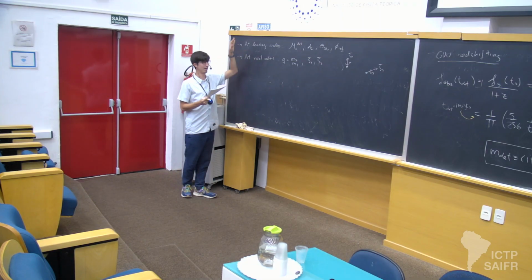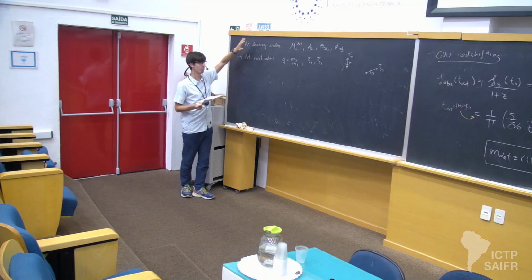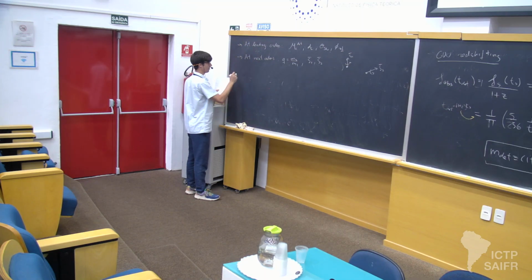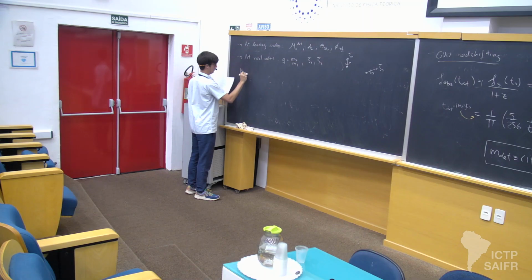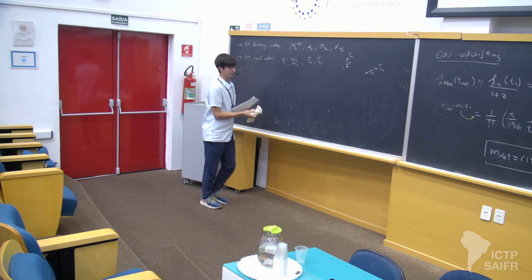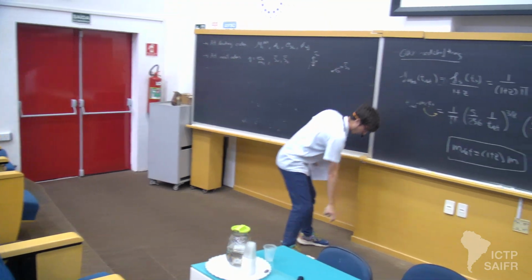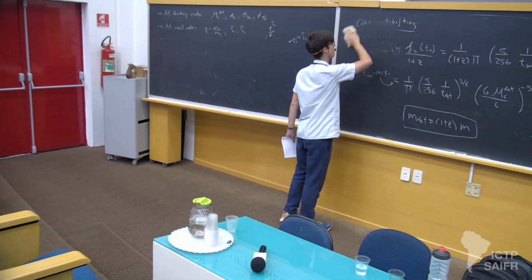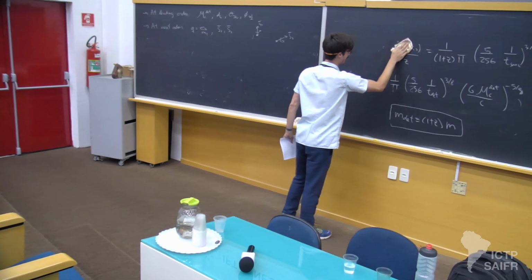What I want to go into now are the other remaining parameters, which come from the fact that we need to make a projection. Maybe I should do it here, bigger. We need to make a projection between the frame of the gravitational wave and the frame of the detector.